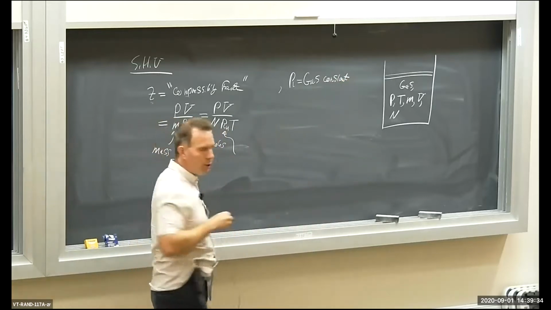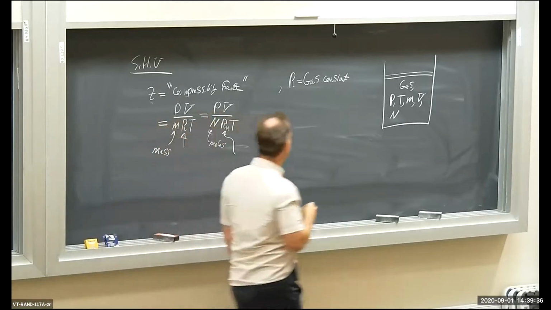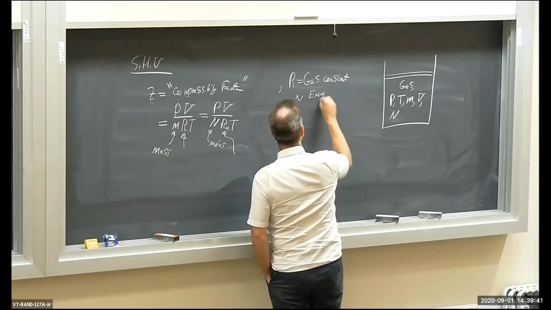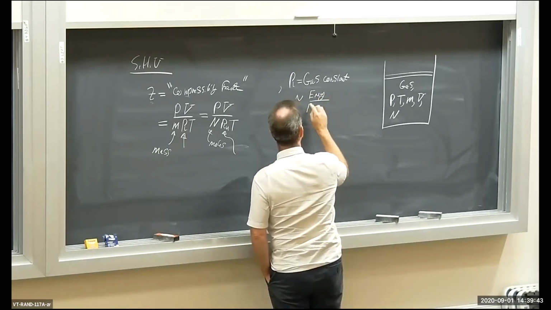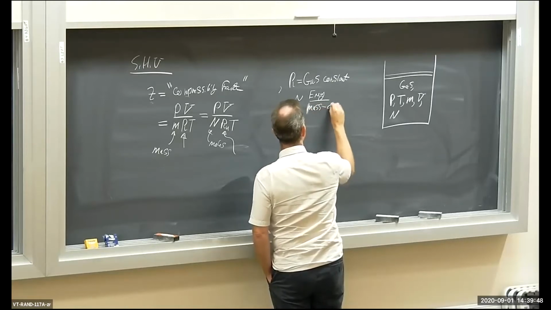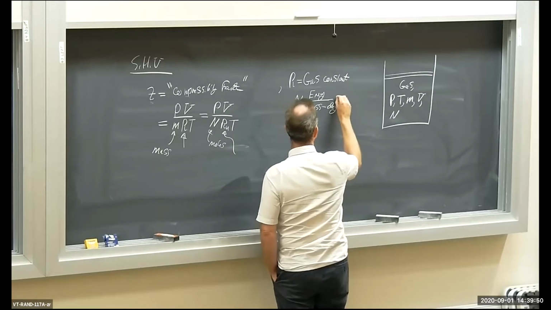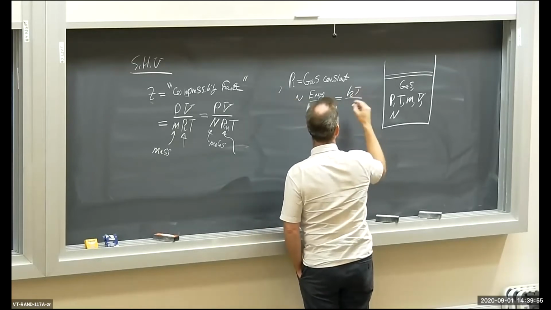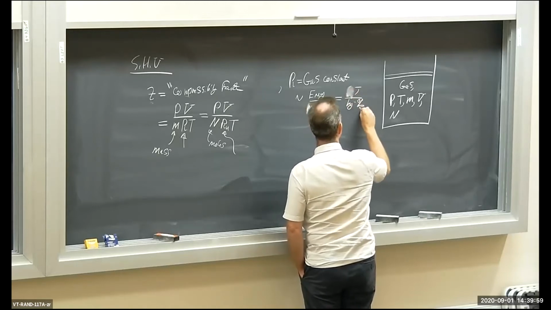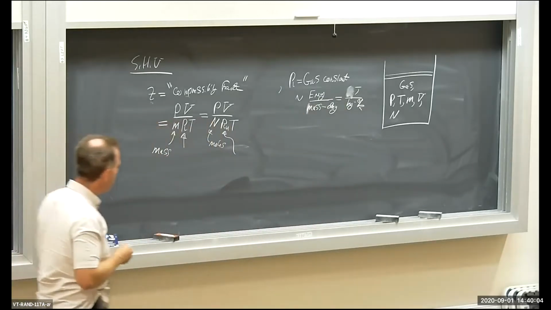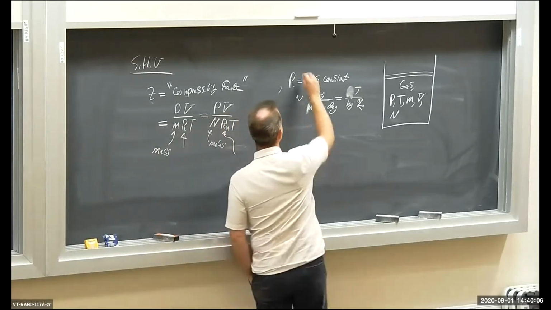It is material specific, and it has units of energy per kilogram, or energy per unit mass, per degree temperature. In metric, it would be, let's say, a kilojoule, or a joule, per kilogram degree Kelvin. That's what it would be in metric. So R is the gas constant and is material dependent.